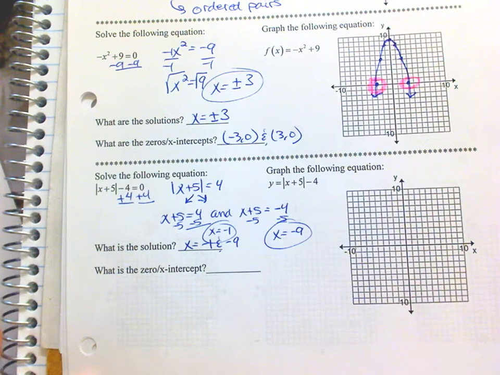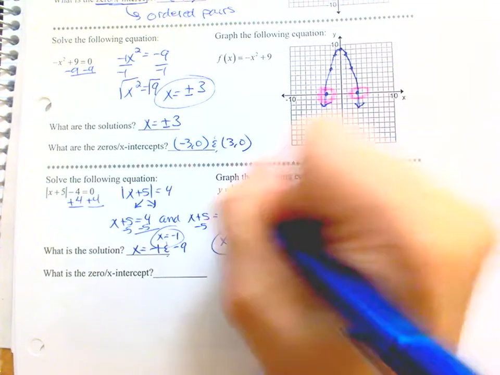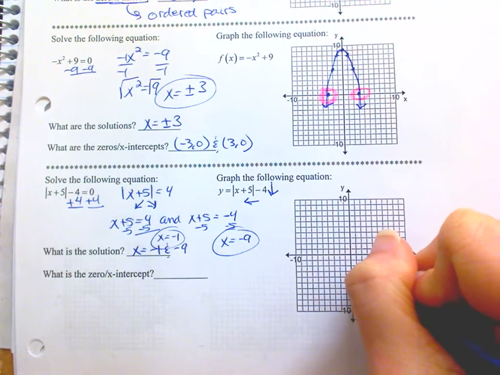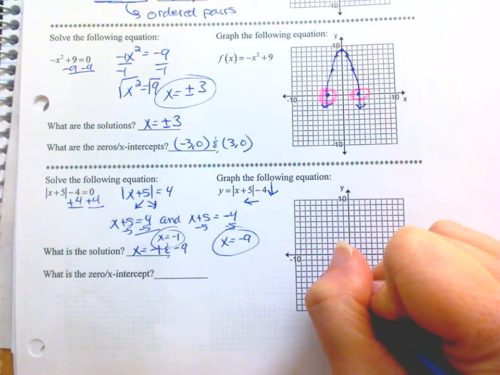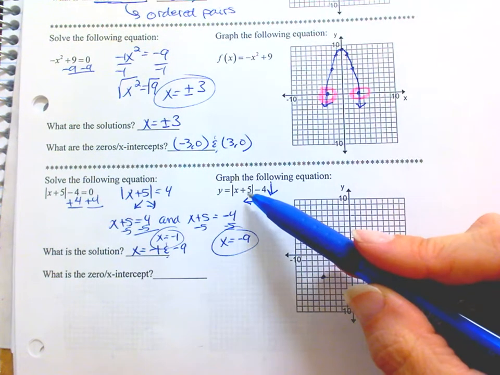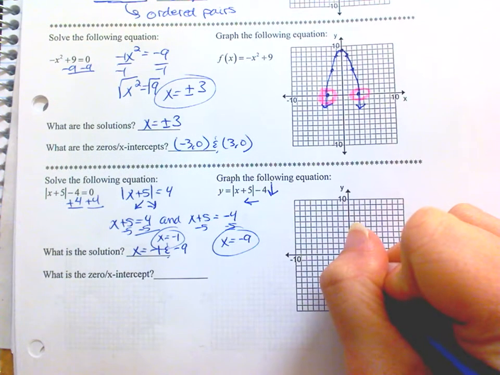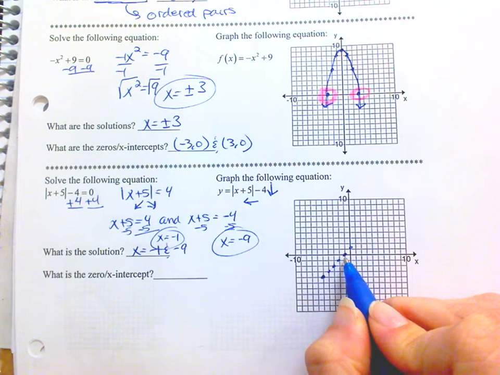When we go to graph this, you've got to go down 4, left 5. That's your vertex. And then, as we said, this is an absolute value. Absolute values make V's. And right there is where it crosses the x-axis at -1.